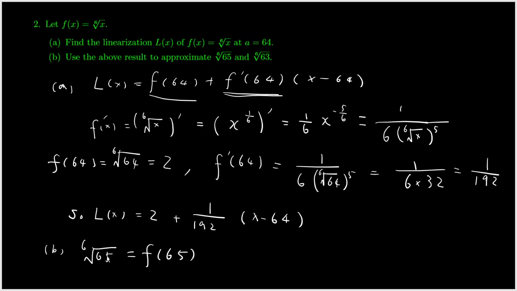Because we can treat 65 as a number very close to 64, the value of the function at 65 can be approximated using the value of the linear function at 65.